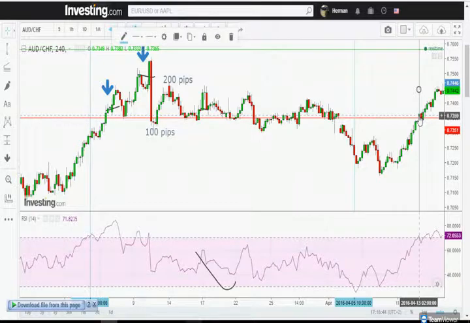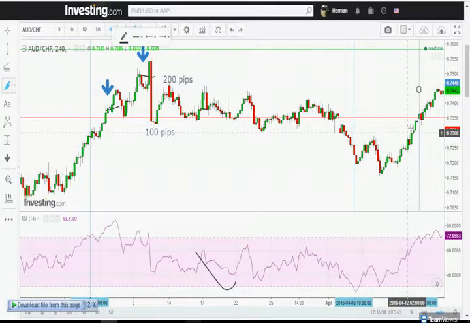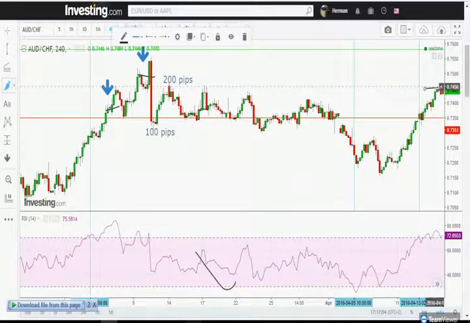That was a sign that if the market goes above this level, we must sell, right? And we target 100 pips. So if it's at 0.7349, it means we would enter at 0.7449, 0.7449 here. So we would enter here, our first trade.